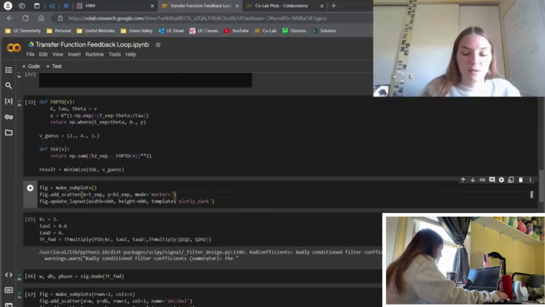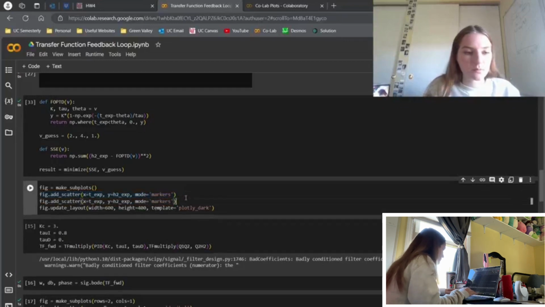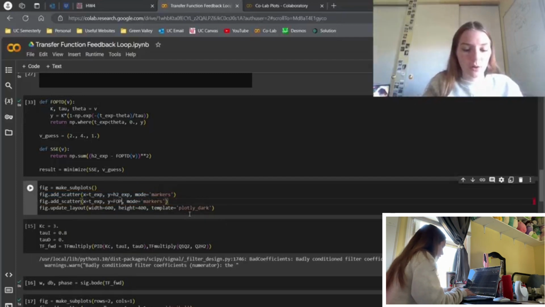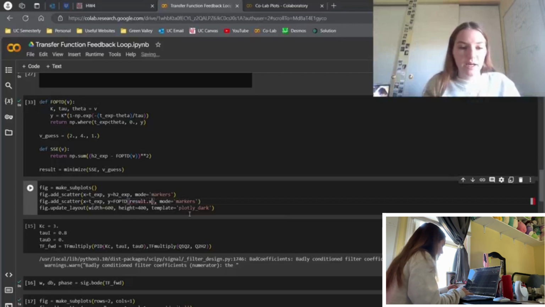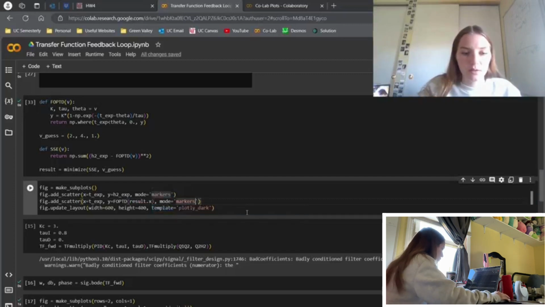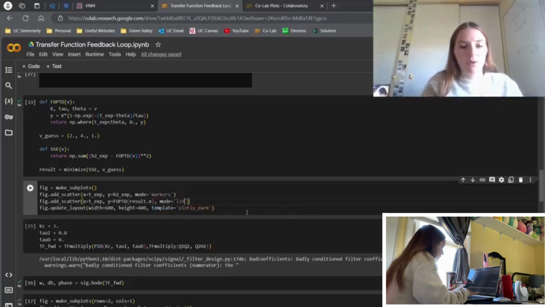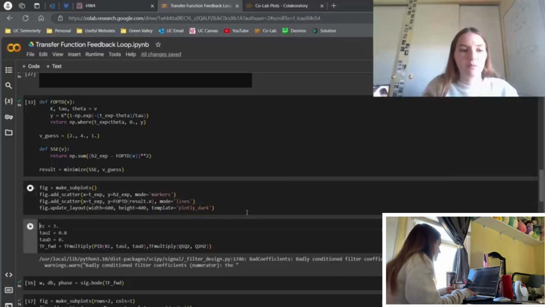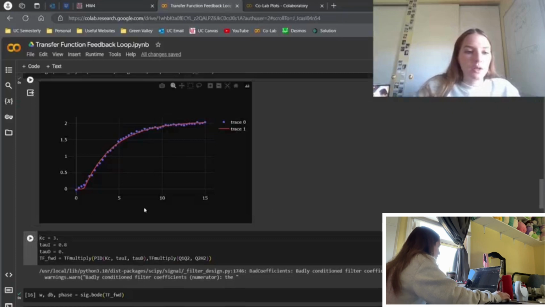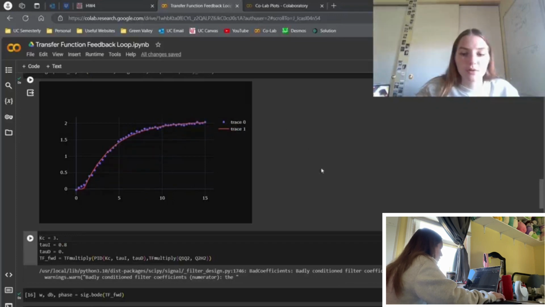So we're going to leave this one the same, but then we are also going to have another plot that our y values are now going to be our FOPTD of our result, and then we're going to put .x since those are the values that we want, and then we're going to do our mode equal to lines instead of markers. So now we can see that our system is passing through as many data points as possible, and our line is now following the curve of our markers.